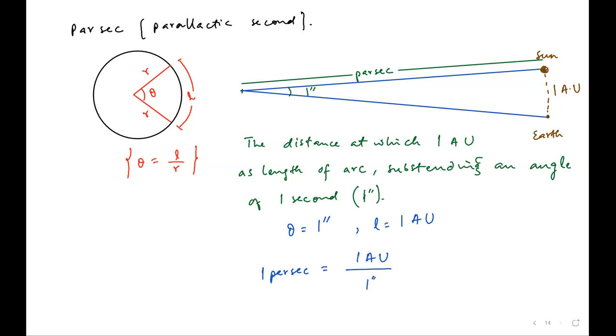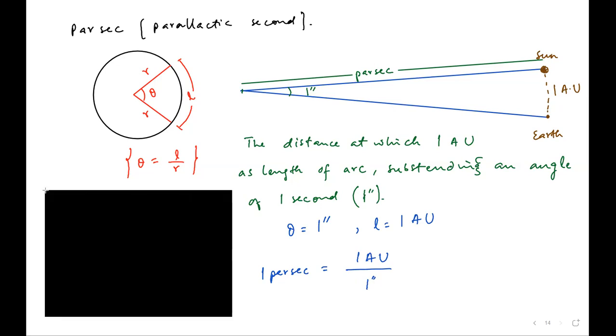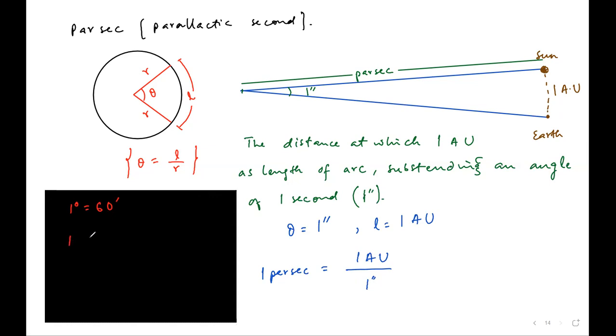Now I'm defining the measurement of angle. Like for time, 1 hour is equal to 60 minutes, it will be 1 degree is equal to 60 minutes. And similarly, 1 minute is equal to 60 seconds. So this is minute and this is second.